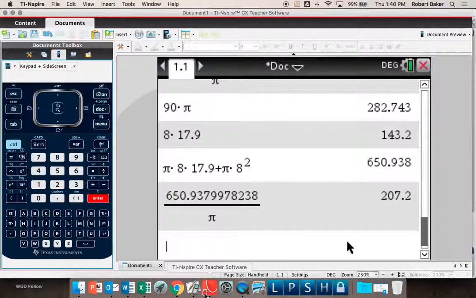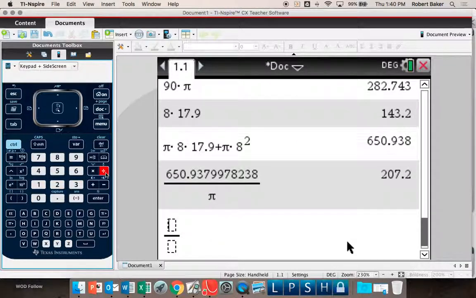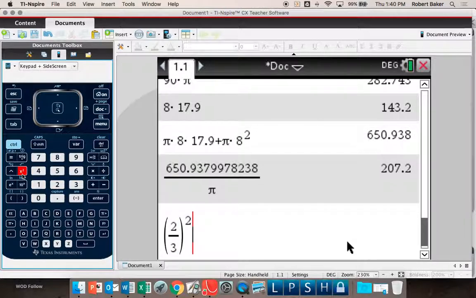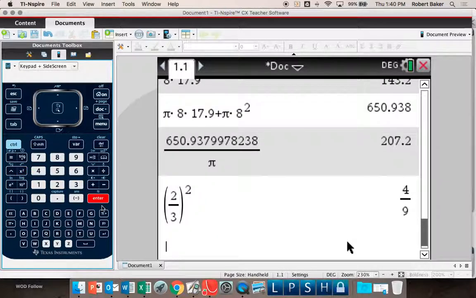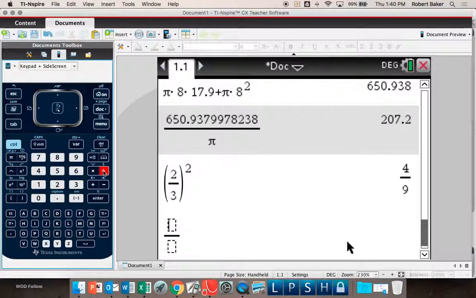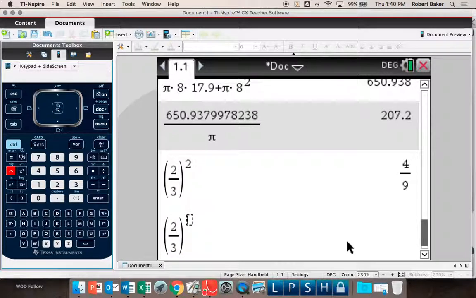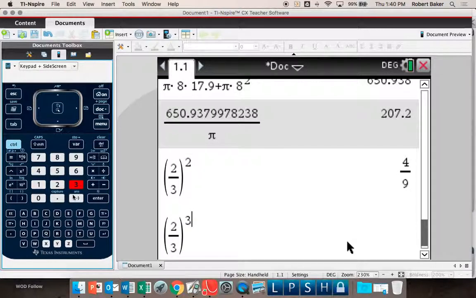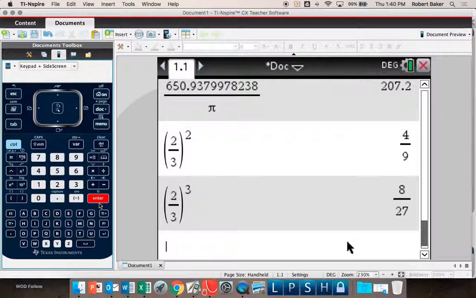So, I have a scale factor, 2 over 3. If I want to change that to a ratio of areas, I have to square it. And there it is, 4 over 9. That's my ratio of areas. If I have a scale factor of 2 over 3 and I want to make it volumes, I have to cube it. And there it is, 8 over 27. So your calculator will do this for you.